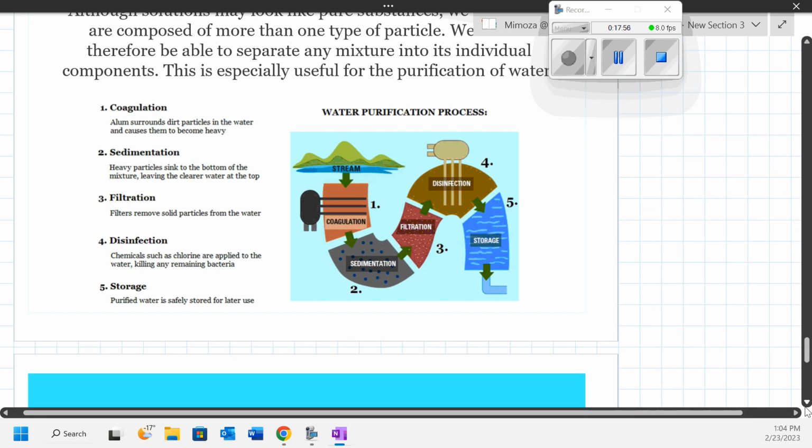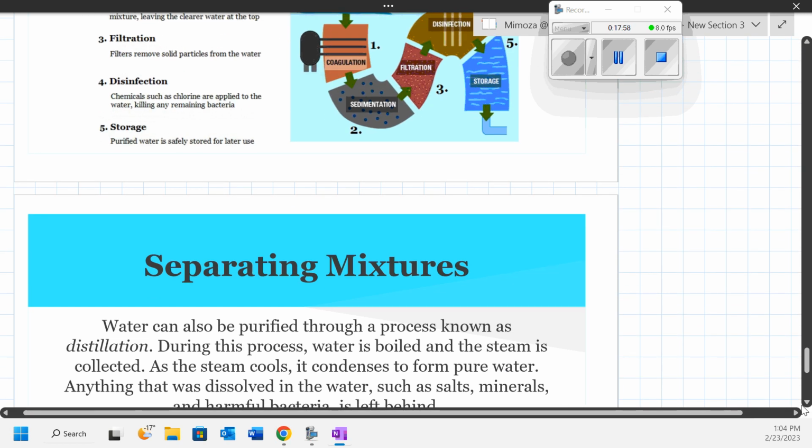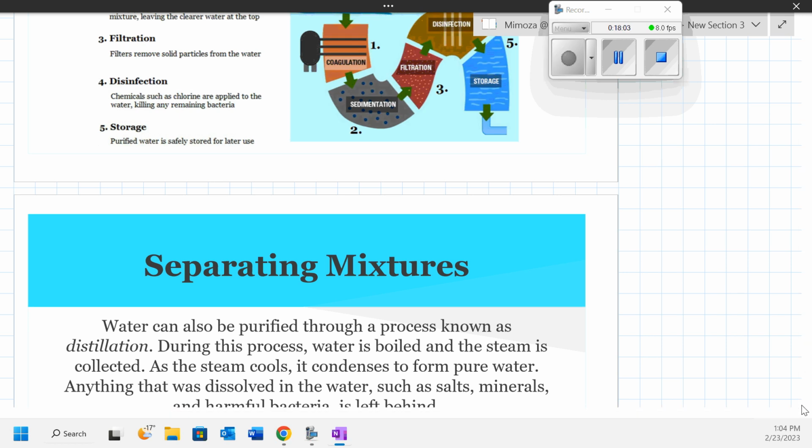In your textbook, I would suggest you try to do investigation 3-C, which is making dirty water clear. This is good, especially if you are big into camping.